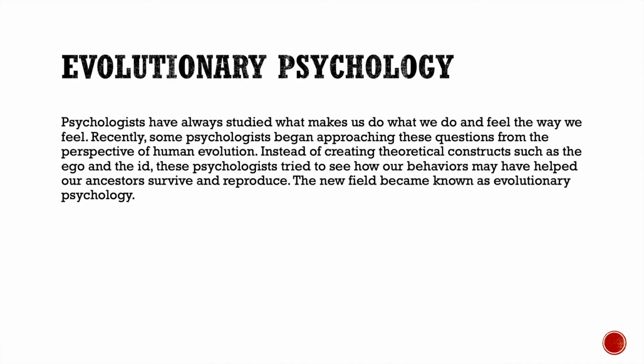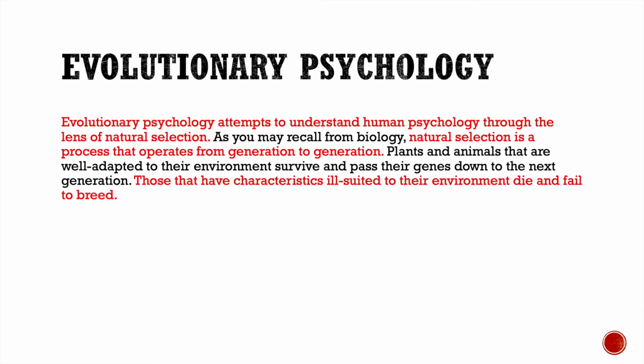All right, evolutionary psychology. Evolutionary psychology attempts to understand human psychology through the lens of natural selection. As you may recall from biology, natural selection is the process that operates from generation to generation. Plants and animals that are well adapted to their environment survive and pass their genes down to the next generation.